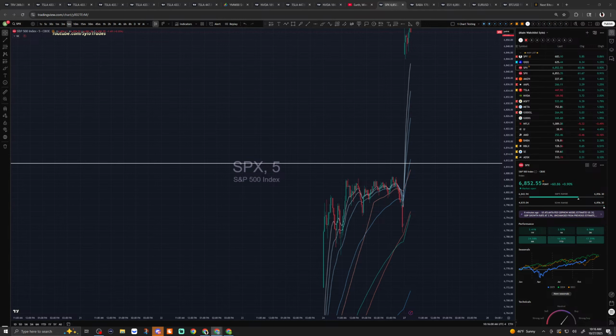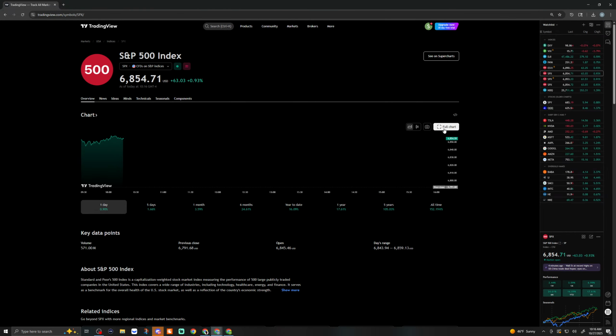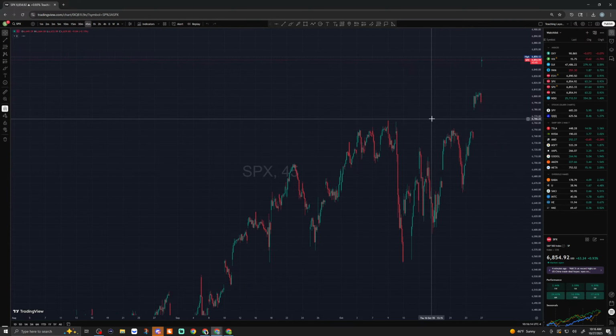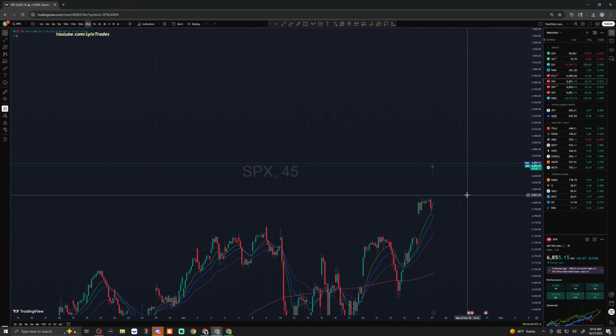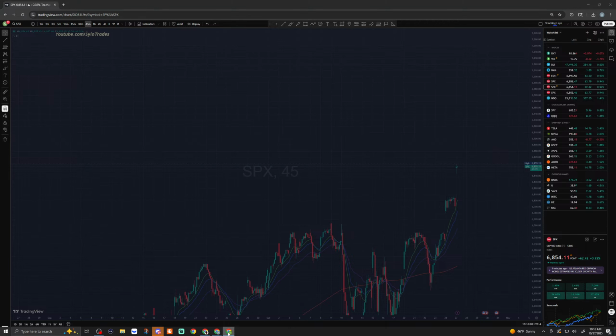All right, let's go here. Bam. Then let's go ahead and click SPX. Go to full screen. And then I have this SPX chart up.